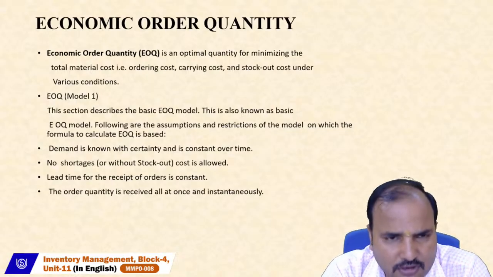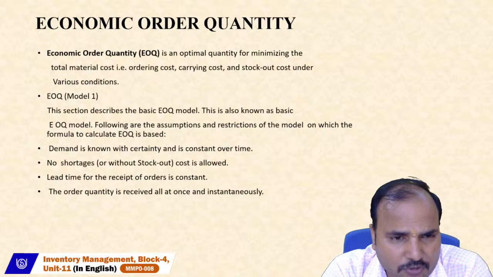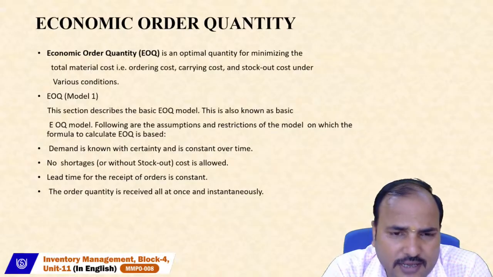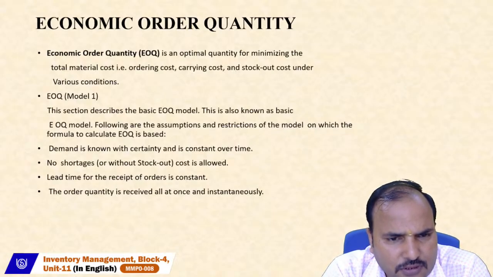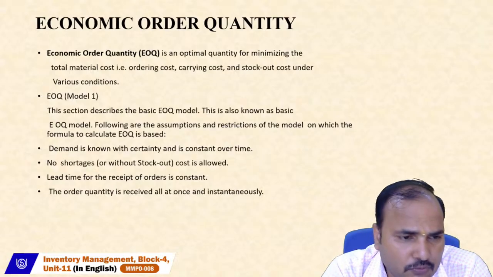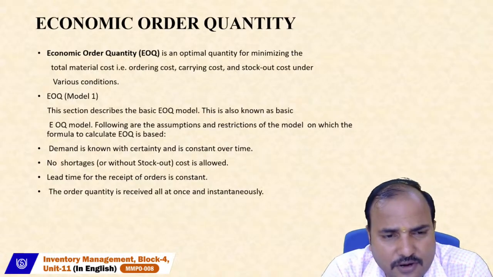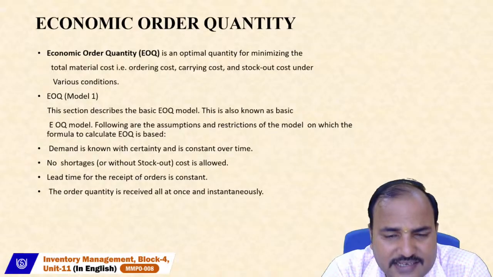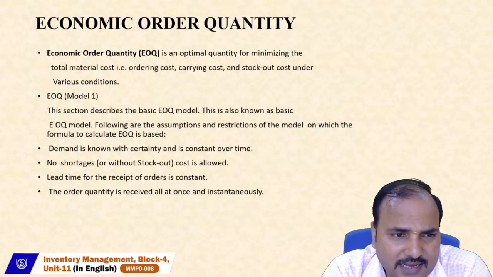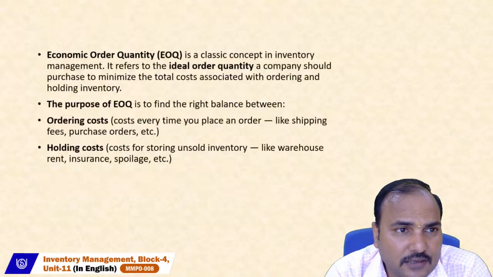One is demand is known with certainty and is constant over time. No shortage is allowed, stock out is not allowed. Lead time for the receipt of orders is constant. And the order quantity is received at once and instantaneously.